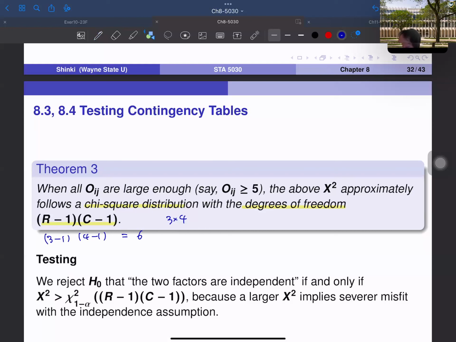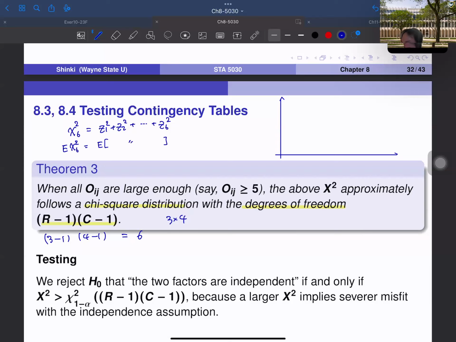And remember that a chi-square random variable with degrees of freedom 6 is defined as the sum of the squares of 6 standard normal random variables. So the expectation of chi-square 6 is equal to the expectation of this sum of these 6.